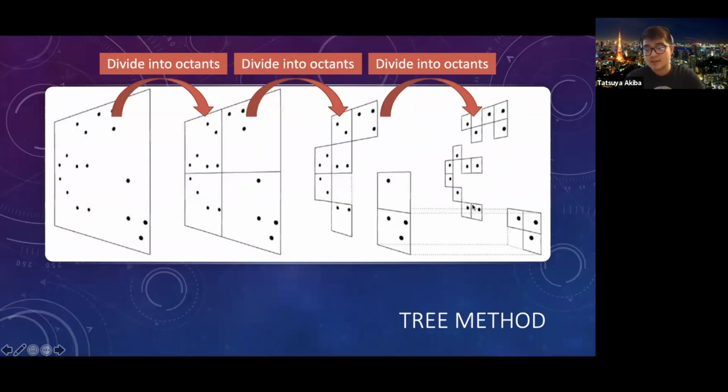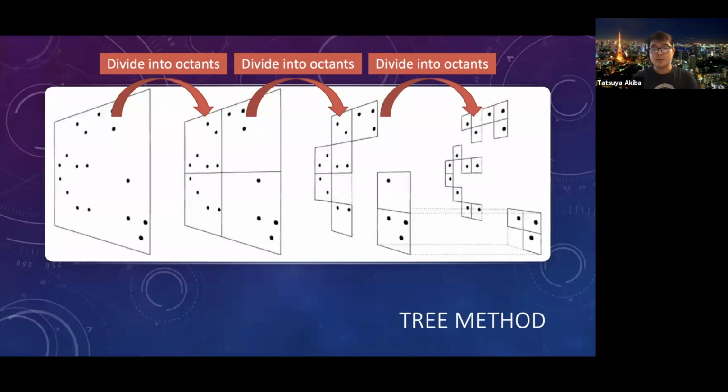The goal is to get either 0 particles or 1 particle in each cube, which is when the division stops. So in each case, if a cube has more than 1 particle, we're going to subdivide that into further octants until we end up with a scenario where we have 0 particles or 1 particle.